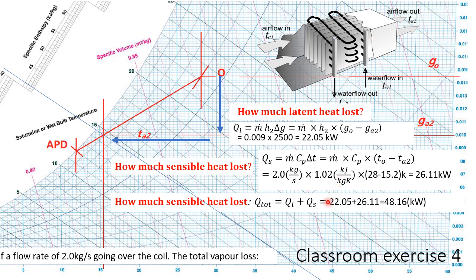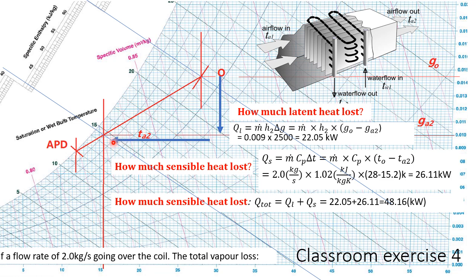So altogether it is these two added together. 22 latent plus 26 sensible, we have 48.2 kilowatt. That is adding these two together. Now, let's see how the psychrometric chart can help us to do the calculation for the total energy lost, heat lost.